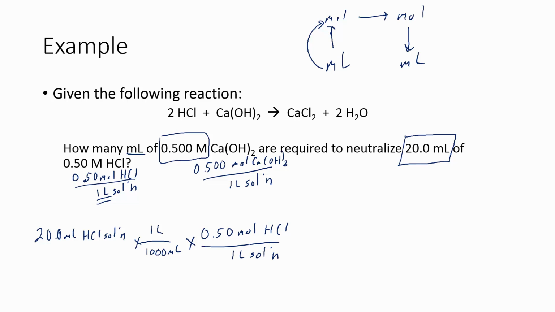Good. So now I'm in moles of hydrochloric acid. Not solution, moles of hydrochloric acid itself. Now I can get to moles to moles. So 1 calcium hydroxide again. Looks pretty similar, doesn't it? Every 1 hydrochloric acid from the coefficients in the balanced chemical equation. 2.